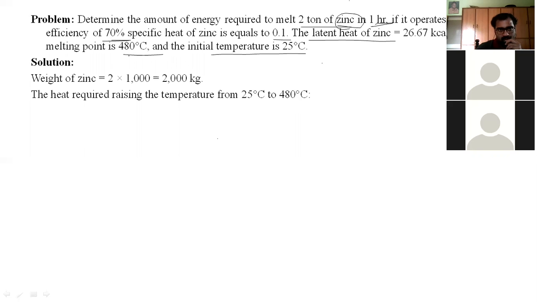At 480 degrees centigrade, the zinc we have considered is going to melt. But the initial temperature of the zinc we have, when considered for the heating purpose, is 25 degrees centigrade. So how much heat is going to be required? This is the temperature, right?